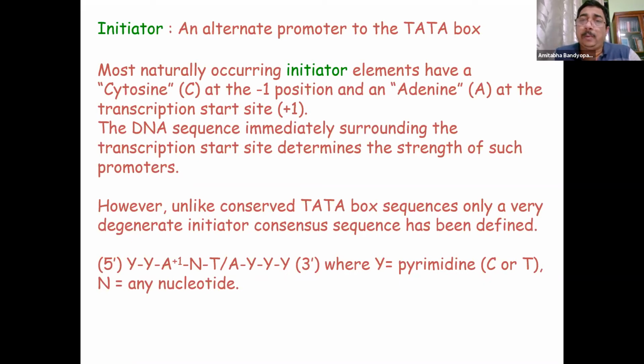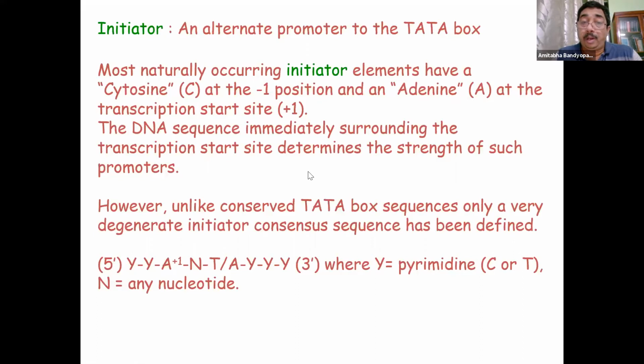The initiator sequence is very different. Okay, so the initiator sequence is not that well defined as the promoter sequence. Like as they say, there is a C at -1 position and an A at +1 position, and the sequences around it define how one particular sequence will act as an initiator sequence, which is very different from the promoter.